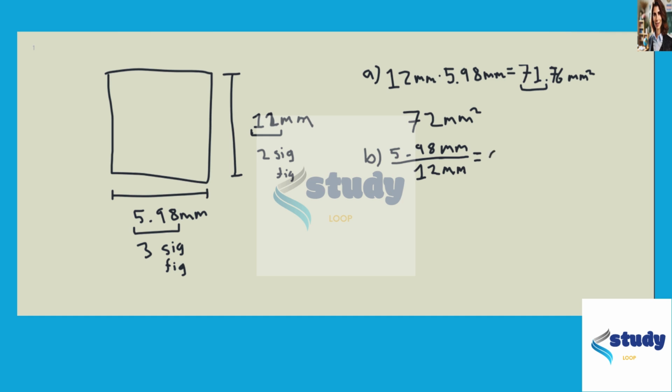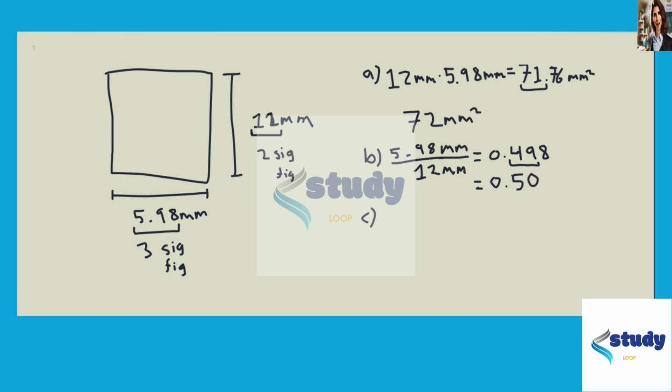The value we get is 0.498. So we only keep 2 significant figures, the two values after the dot, which are 4 and 9. And since the next digit is above 5, we round up, giving us 0.50. That's the ratio.